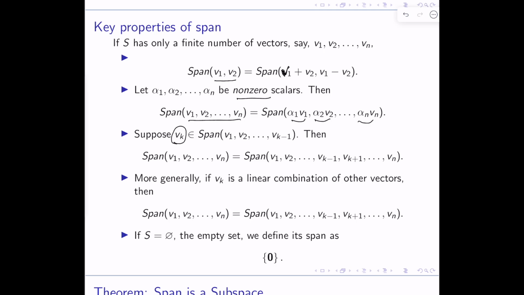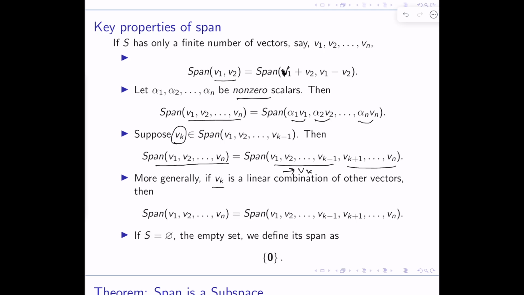So the span of V1, V2, ..., Vn is nothing but the span of V1, V2, ..., Vk minus 1 and the remaining vectors, because Vk was the vector which is dependent on the preceding vectors, right? So that's why Vk was removed from the span.